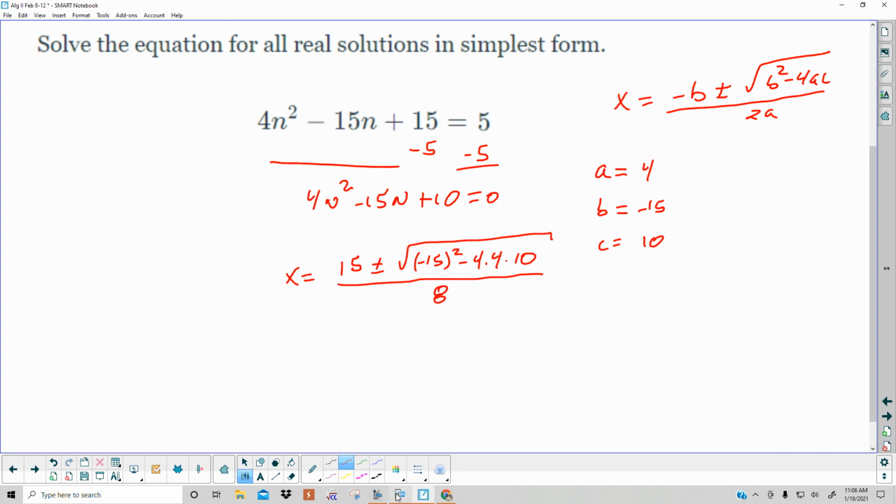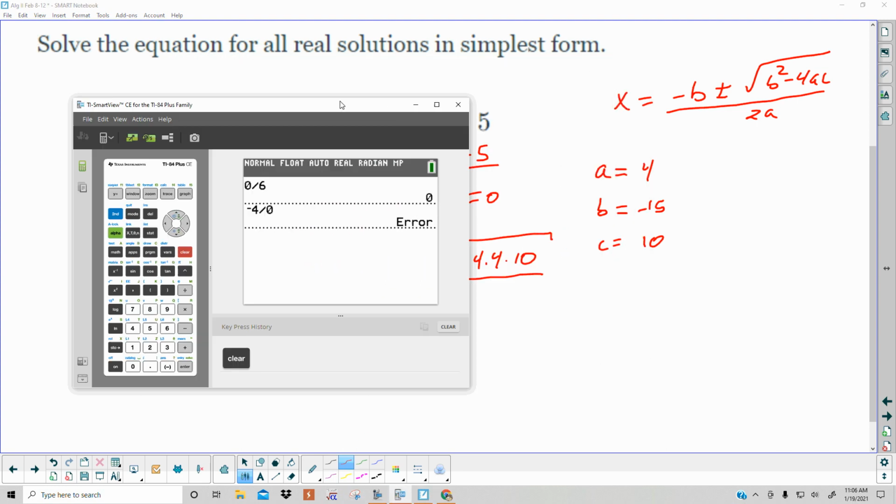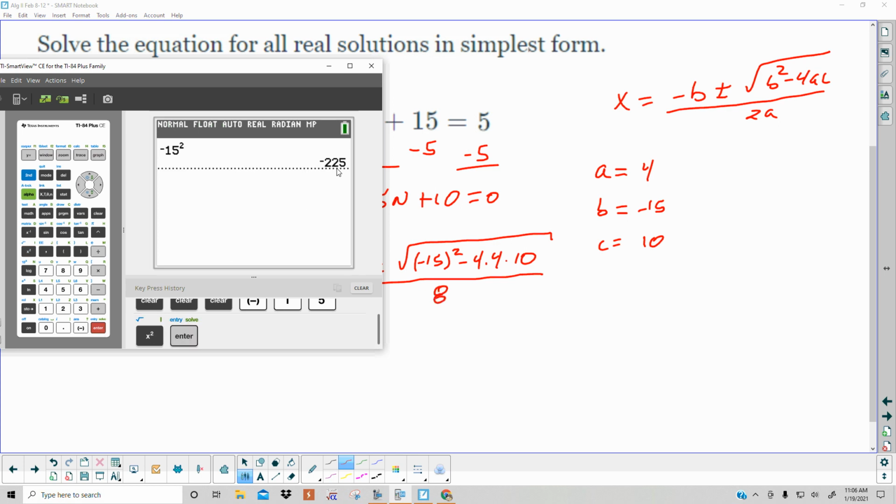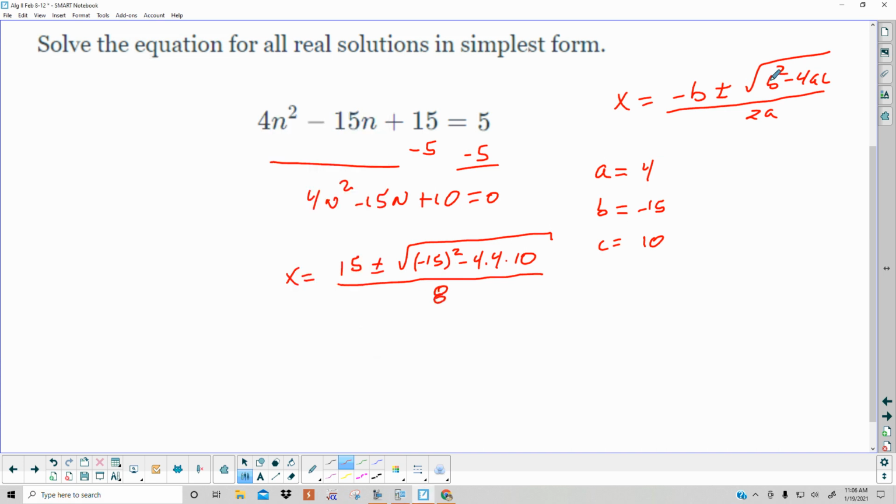Now to show you, again, I didn't have the calculator launched for the last lesson, but here you go. To talk about this, -15 in a parenthesis or not in a parenthesis. So if I don't put it in parenthesis, I get -225. And that's not correct. It's intended to be in a parenthesis. They're always intended to be in a parenthesis, even though one isn't written there. But when it's positive, it doesn't matter.